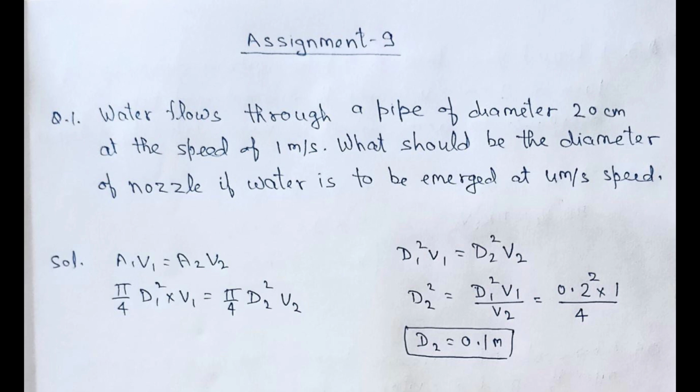So D2 square equal to D1 square V1 upon V2. We will convert diameter into meter from centimeters, so it will be 0.2 meter. So D2 square equal to 0.2 square multiplied by 1 divided by 4, that is 0.01, so D2 equal to 0.1 meter. So in this way we can find out the diameter.